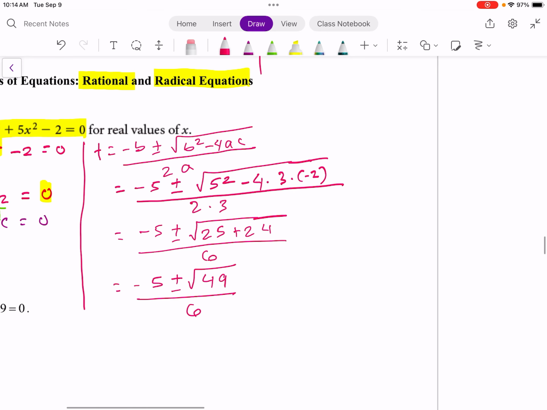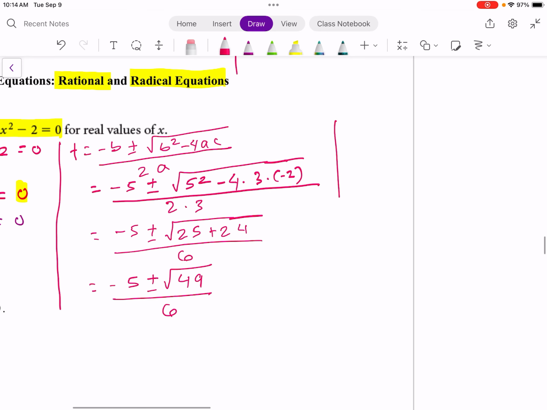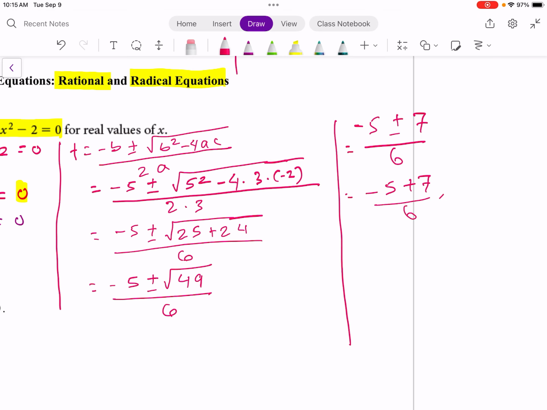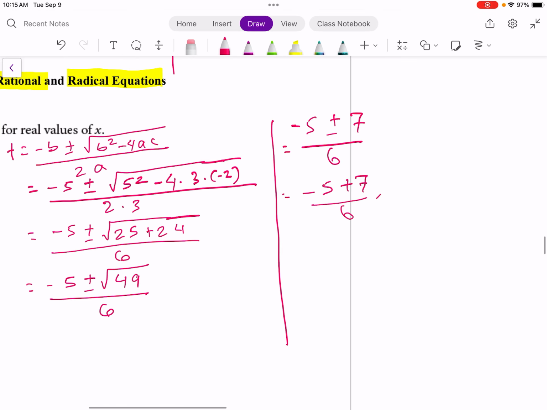Just stop me if you have any question. Now this is negative 5 plus or minus square root of 49, that is 7, divided by 6. Now we take positive 7: negative 5 plus 7 divided by 6. And next we take negative 7: negative 5 minus 7 divided by 6.